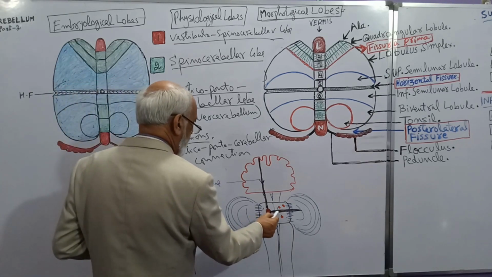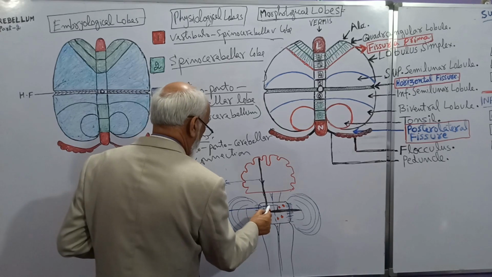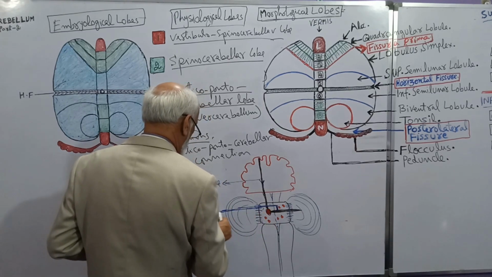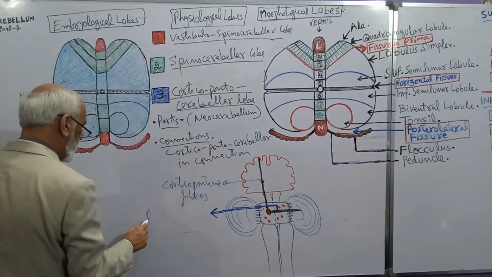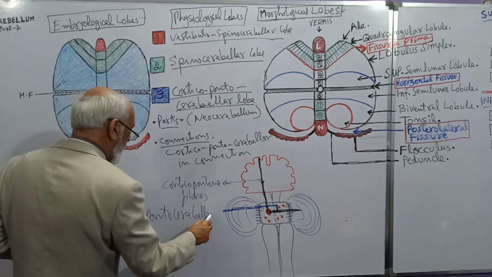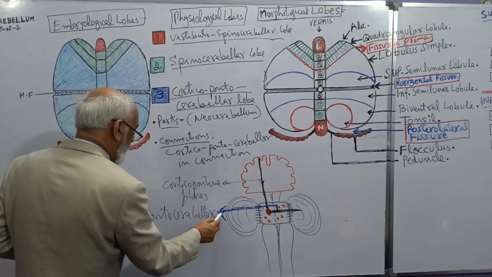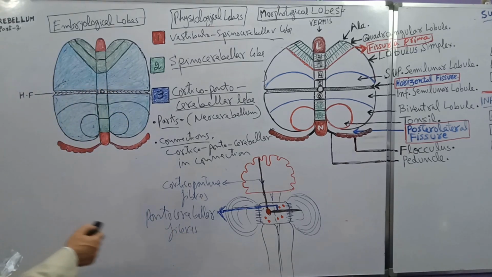And the fibers which arise from the pontine nuclei and enter the opposite cerebellar hemisphere are known as the pontocerebellar fibers.